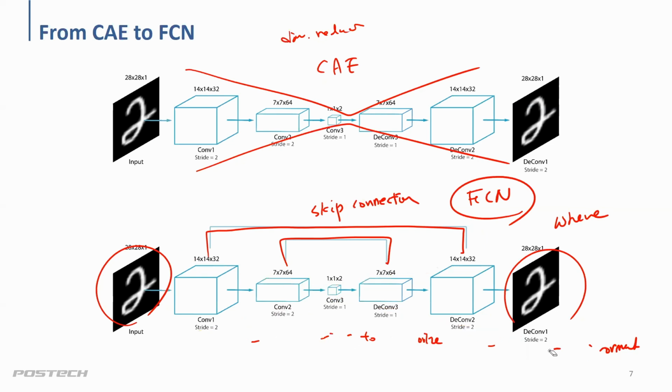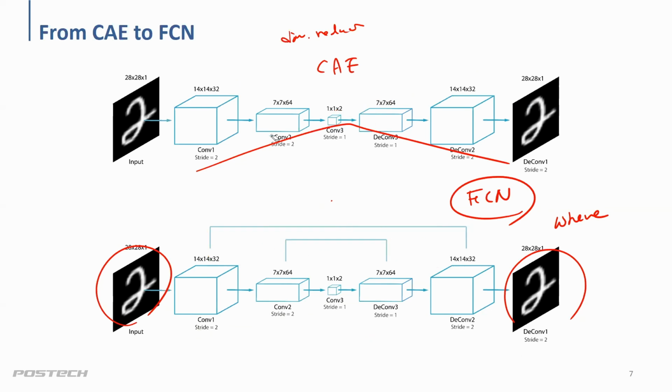Let me say that again. Without skip connections, over there it's upsamplings, right? From the low dimensional information to the space, we have to get the higher dimensions. In information or context wise, it's okay.